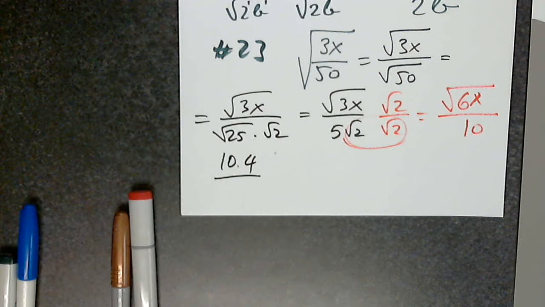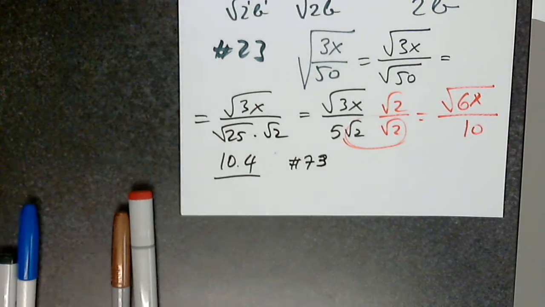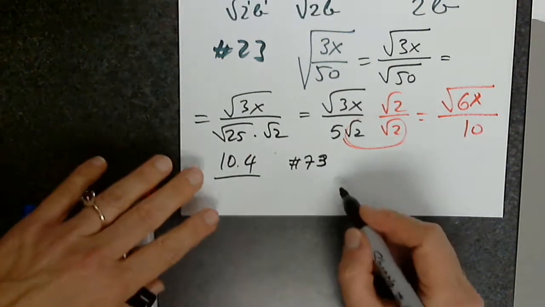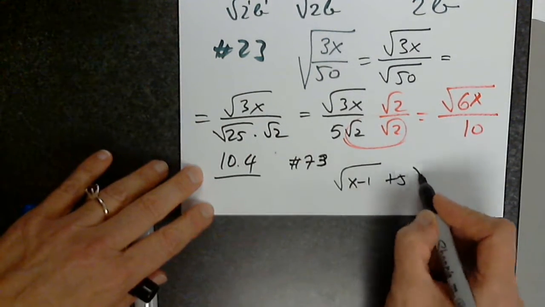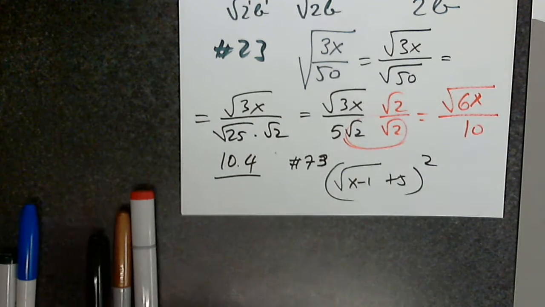Okay, let's look at, I feel like I should make one up. Let's look at 73. In 73, we have the square root of x minus 1 plus 5, everything squared. Again, this is not trivial.